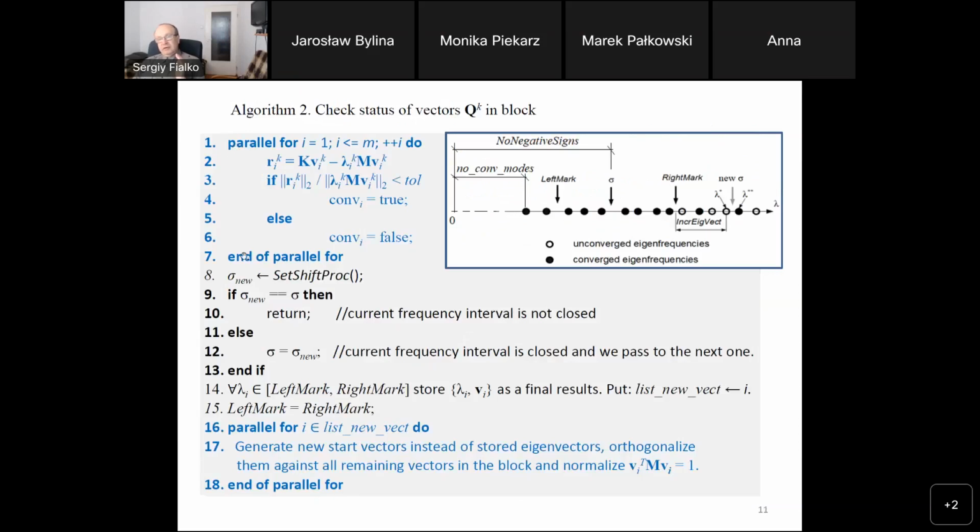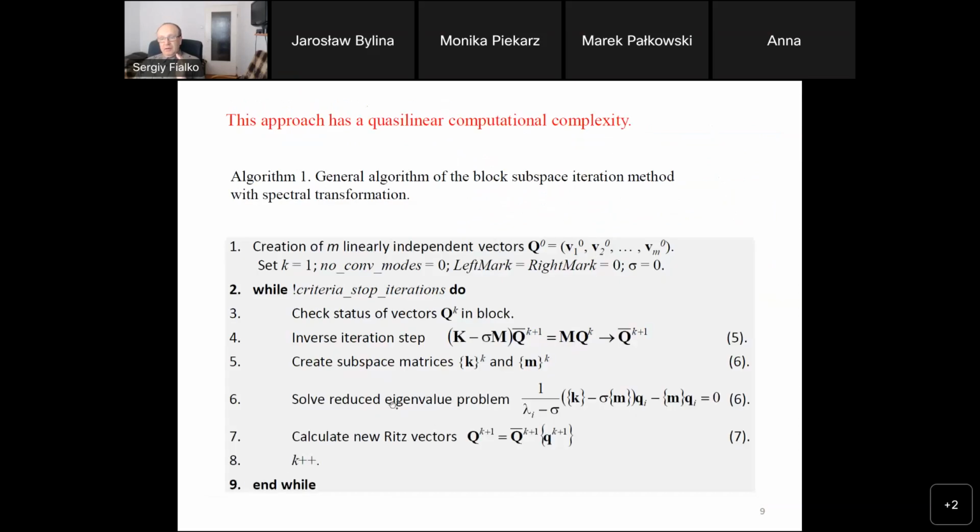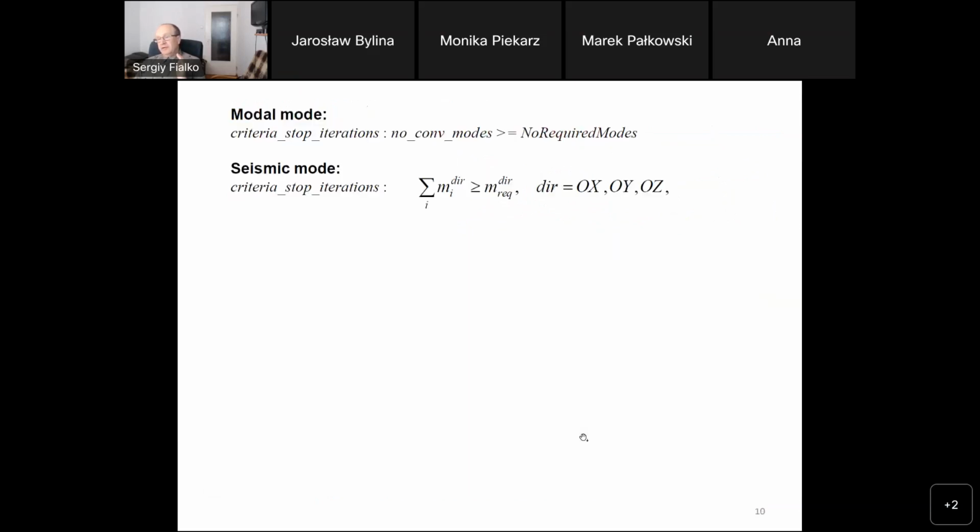These are the first parallel region and the second parallel region. And when we calculate the new Ritz vectors, we use a multi-threaded version of the GEMM procedure from the Intel Math Kernel Library.